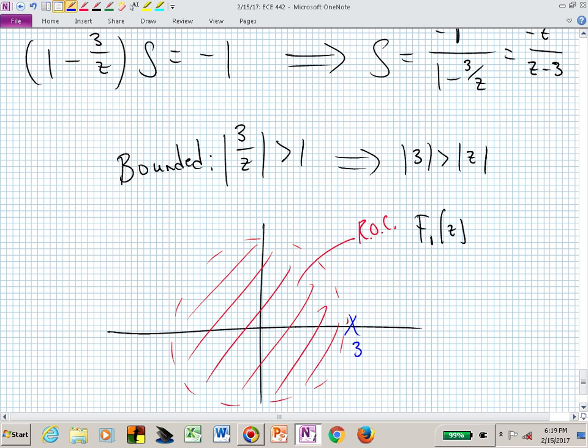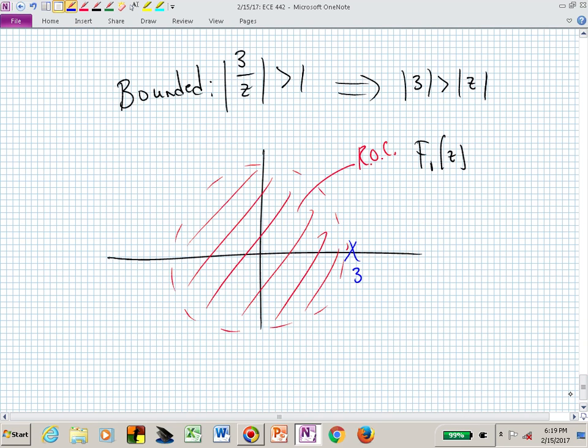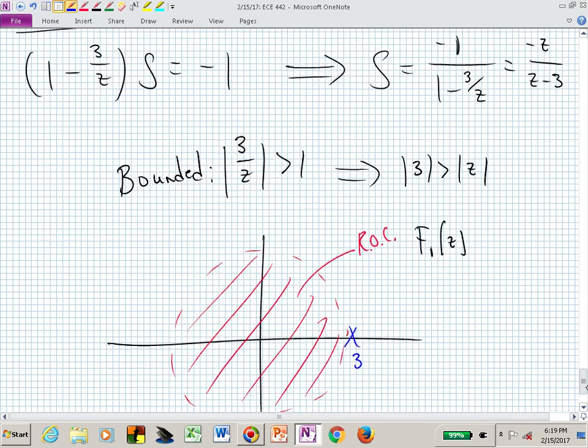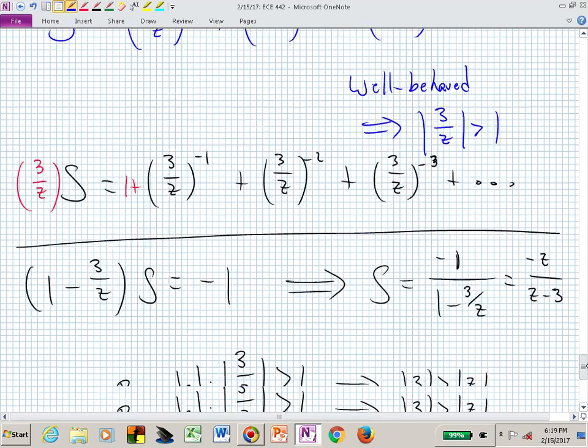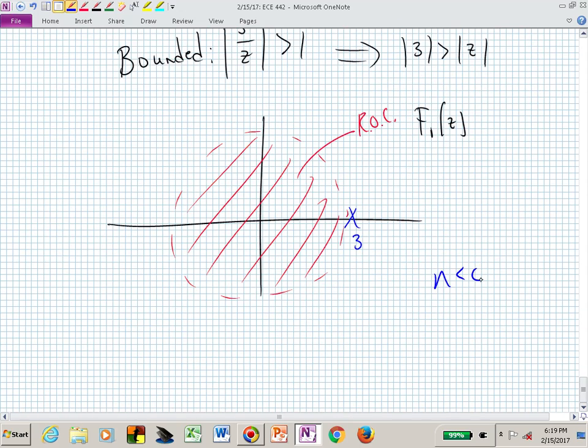It's on the boundary, and for what values of little n is this going to be valid? Well, that was stated in the problem, wasn't it? But you could look at the expression and verify that when we have the region of convergence interior to our poles, then we have a left-sided or an anti-causal sequence.